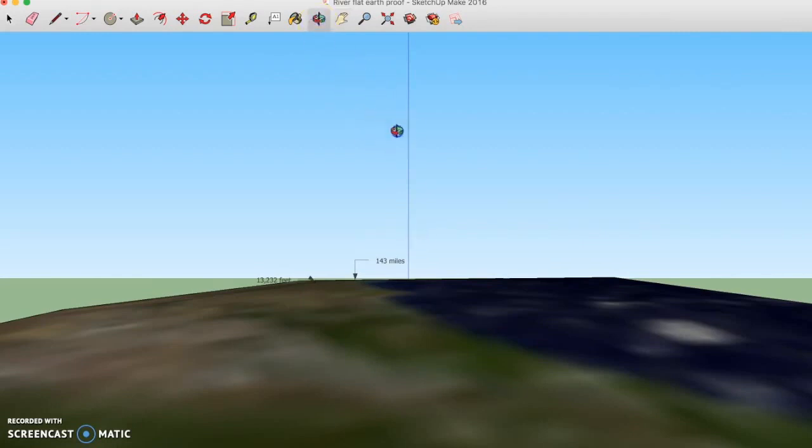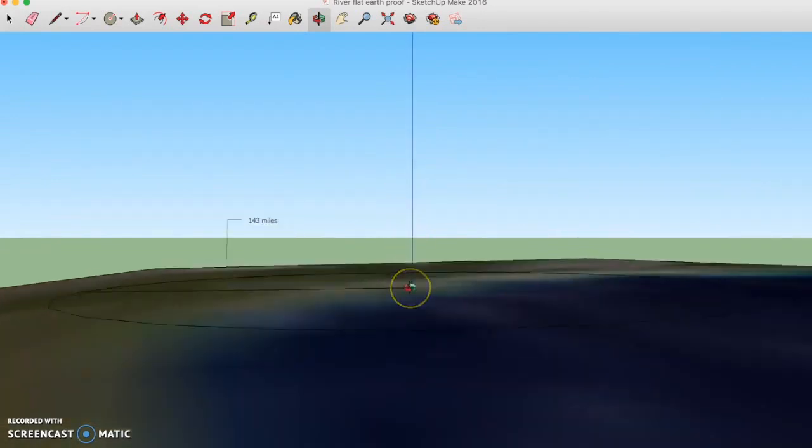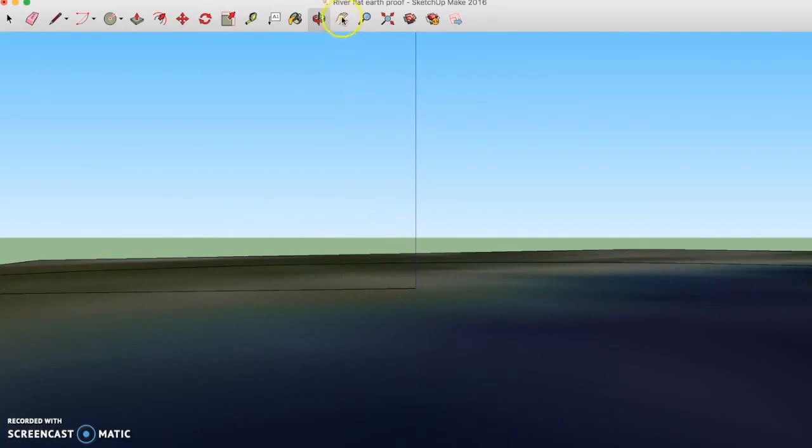Let's get that horizon right at eye level. There we go. So I'm going to zoom in here like we're standing at the river mouth. Grab the hand. Now picture yourself in a hot air balloon at that river mouth, and you're gonna ascend upwards.